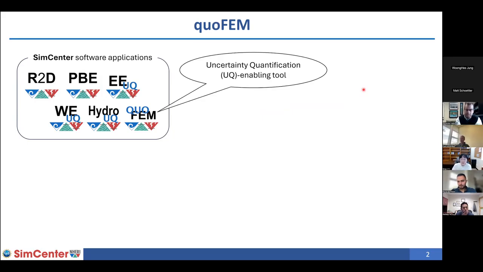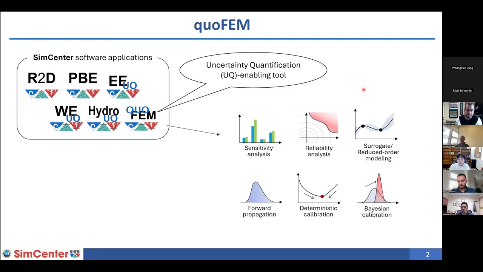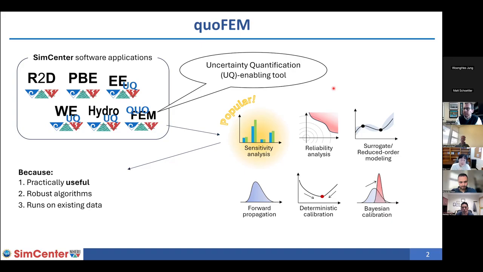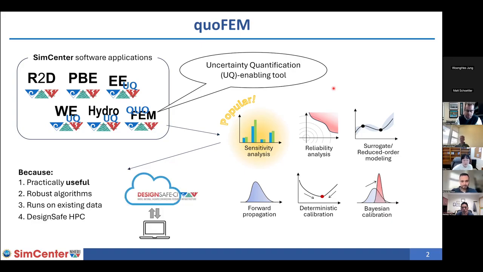So the user brings the model and we provide probabilistic analysis algorithms. And among the algorithms, sensitivity analysis has been one of the most popular methods that users like to use because it's very useful. Our algorithms are pretty robust. And it also can run using existing data. So you don't need to provide the model, but if you do provide a model, you can use our design of experiment resources to accelerate things.